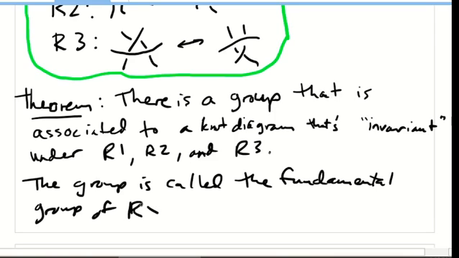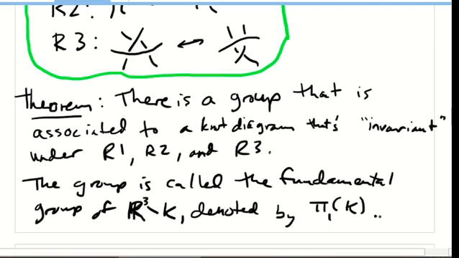Take R3 and take away the knot. All right. We can denote it by pi1 of the knot K. What is this thing actually?